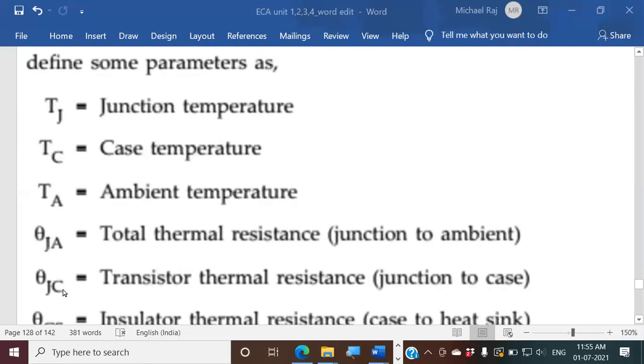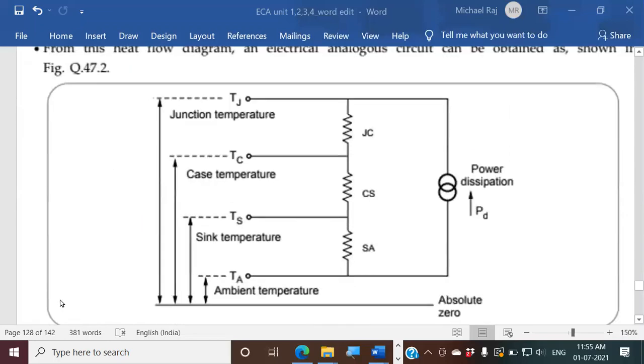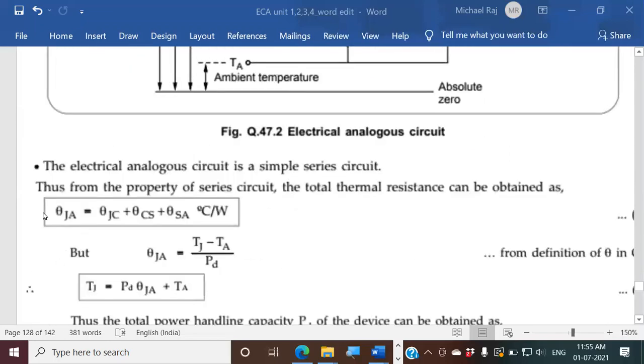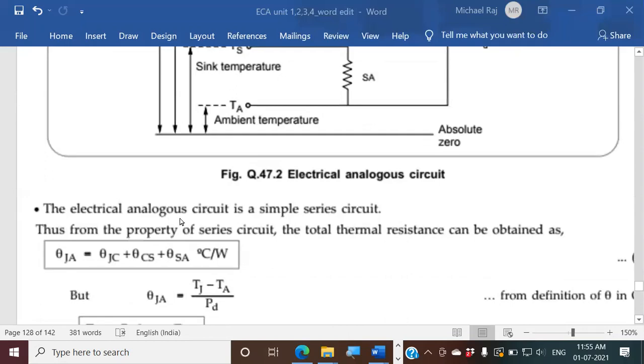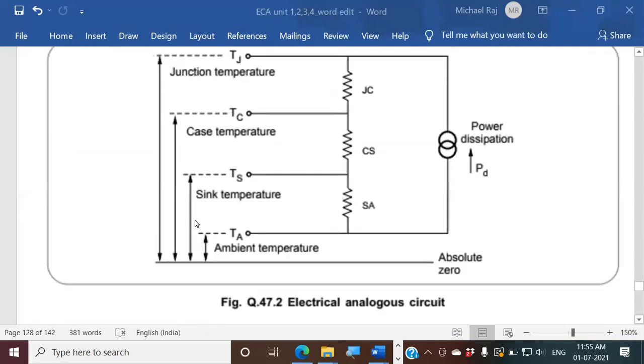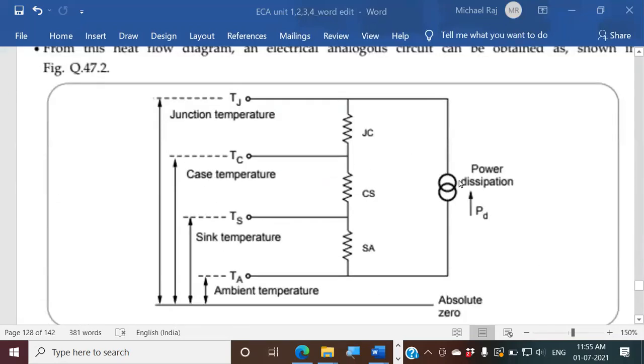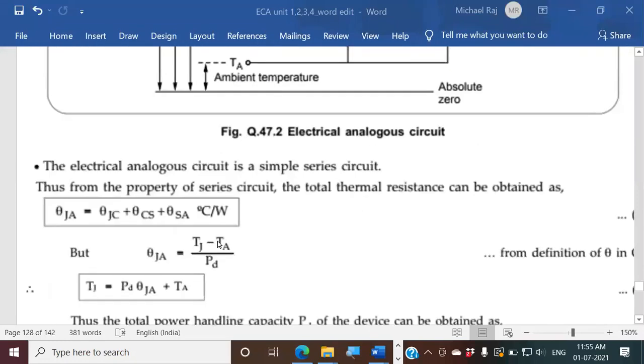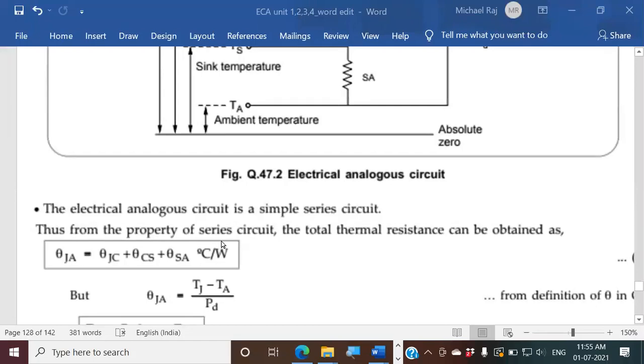Based on whatever we have discussed, thermal resistance is simply the addition of the individual thermal resistances. This one we can represent diagrammatically like this. Power is dissipated in the form of heat, and we have three thermal resistances associated.